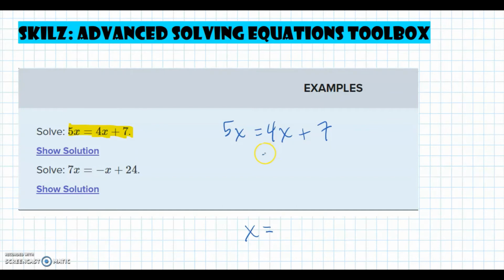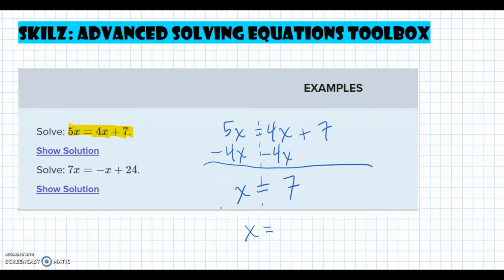Basically what we're doing is we're saying, okay, I want to subtract 4x from both sides. If I do that, 4x minus 4x on the right side becomes 0 x's, and I'm left with 7. And on the left side, 5 groups of x minus 4 groups of x leaves me with 1x, which we also like to write as just x.